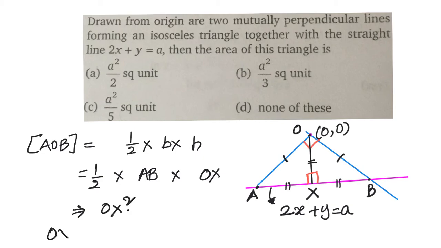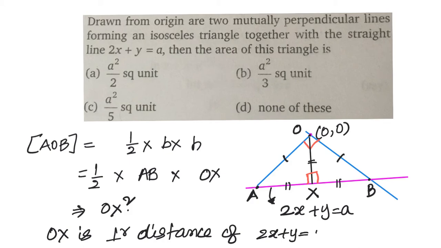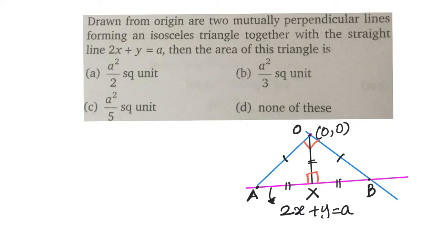Now what is OX? OX is the perpendicular distance of the point (0, 0) from the line 2x + y = a. And the distance of a point from a line, let us say the point is (x1, y1) and the line is ax + by + c = 0, is given by |ax1 + by1 + c| divided by the square root of a square plus b square.